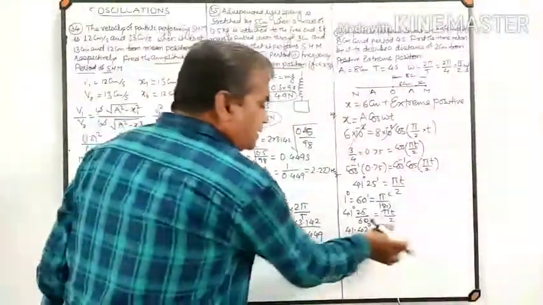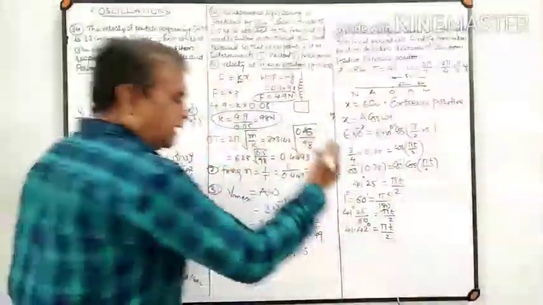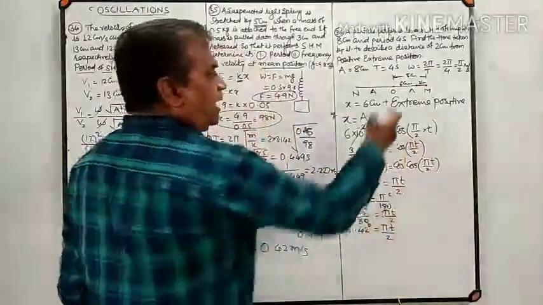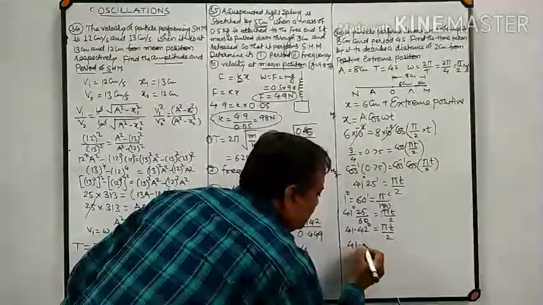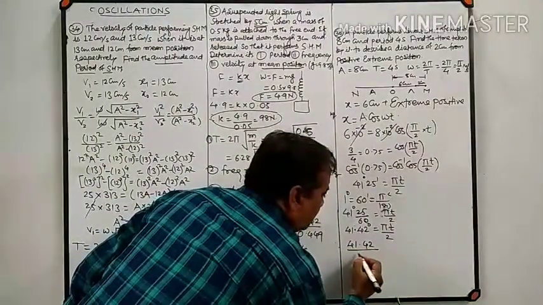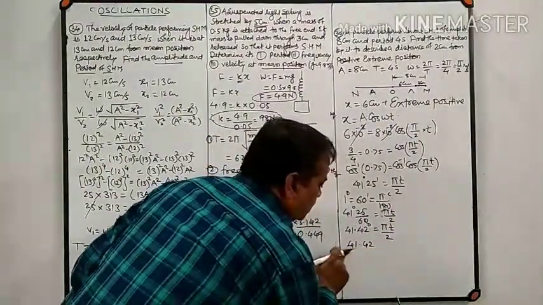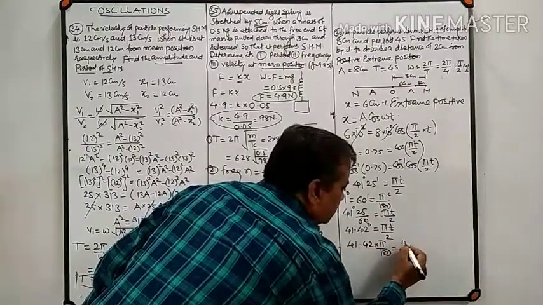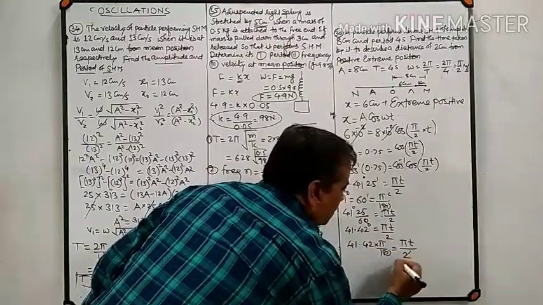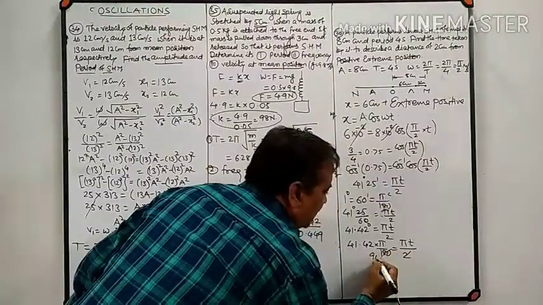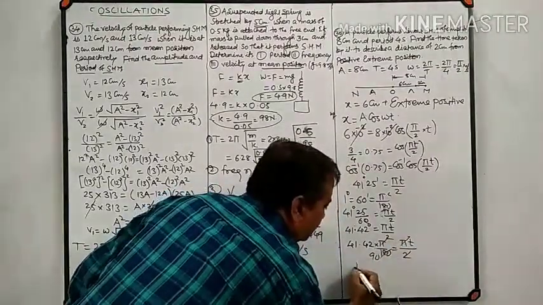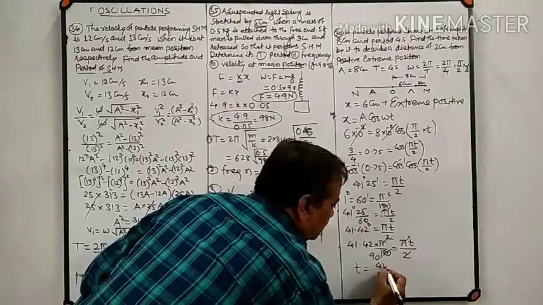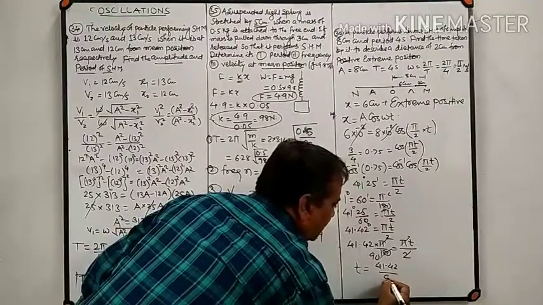Now we can convert this angle, which is in degree, into radian by multiplying it by pi by 180 radian. So 41.42 into pi divided by 180 is equal to pi t divided by 2. The 2 and the 2 nineties, and this pi gets cancelled with pi, so time t is equal to 41.42 divided by 90.